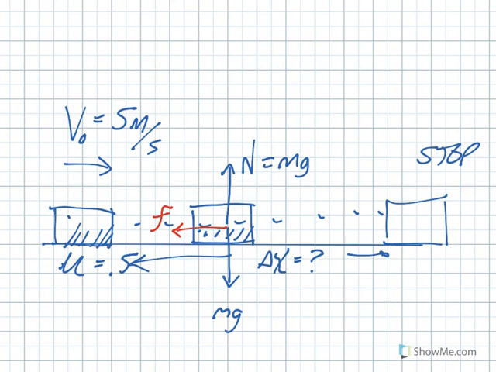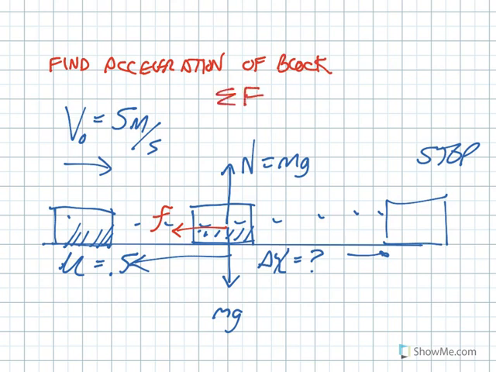All right. In order to figure out how far it slides, we need to know the acceleration of the block. And to figure that out, we need Newton's second law. So first we're going to find acceleration with Newton's second law. Net force equals ma.